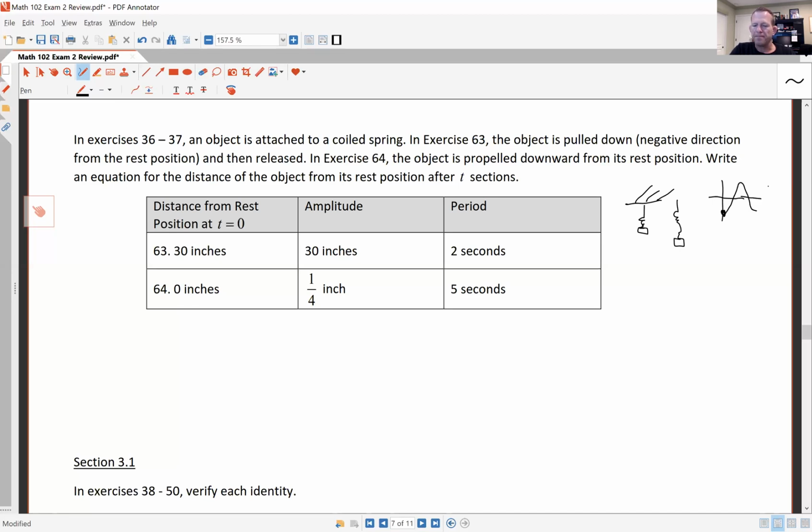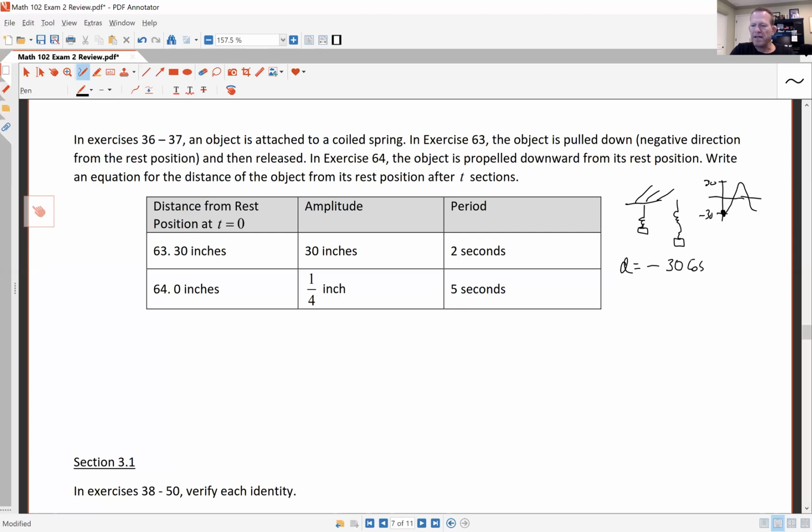That's a cosine. Since we pulled it down to its negative direction, it's a negative cosine. And if it's an amplitude of 30, it got down to negative 30 and up to 30. So we're looking at a negative 30 cosine.